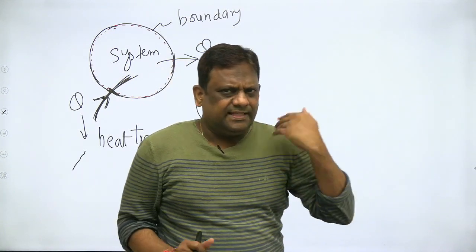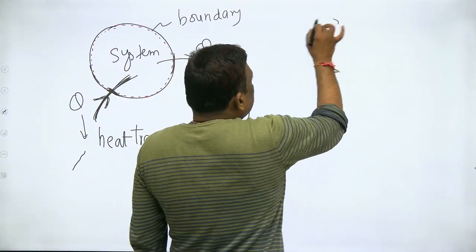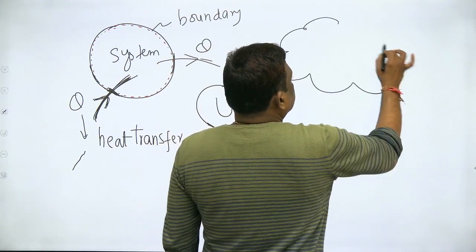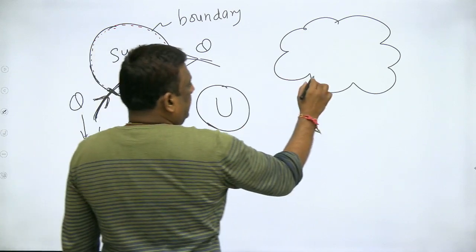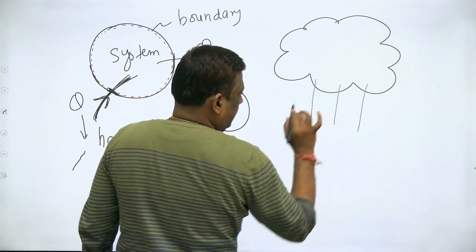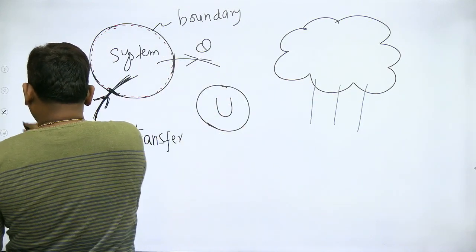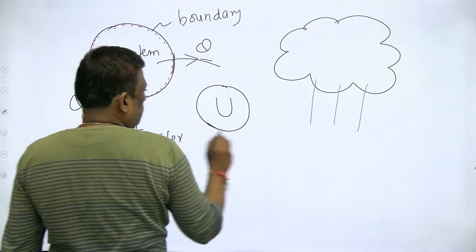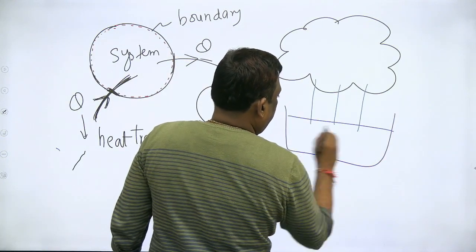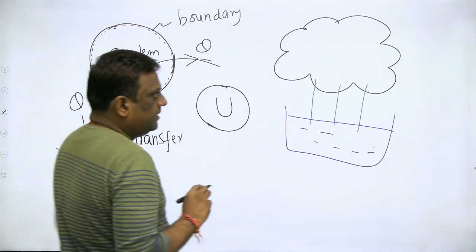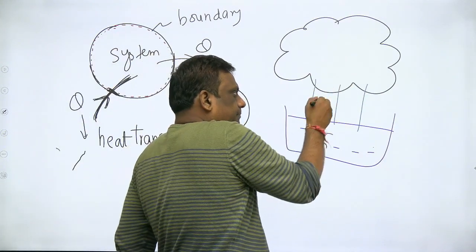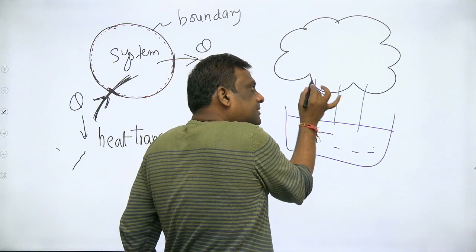It's something like this, my dear students. These are the clouds and it is raining. Please listen carefully. These are the clouds and it is raining. This is the boundary.